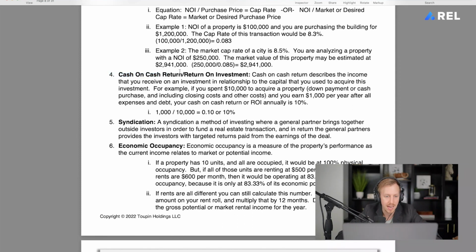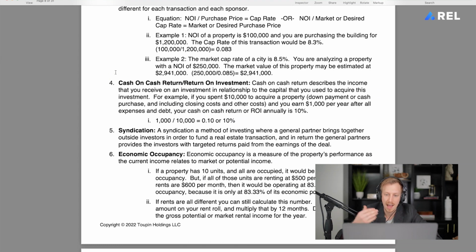Okay. Cash on cash, or return on investment. Cash on cash is the cash flow that you make divided by the actual cash, the capital you invested to buy a property. So if I invested $100,000 and I made $10,000 in a year, I made 10% that year.